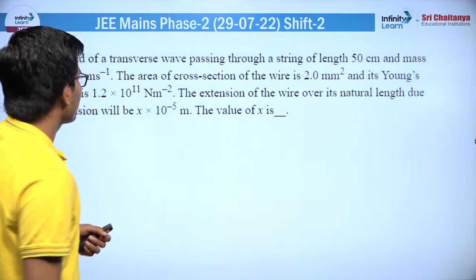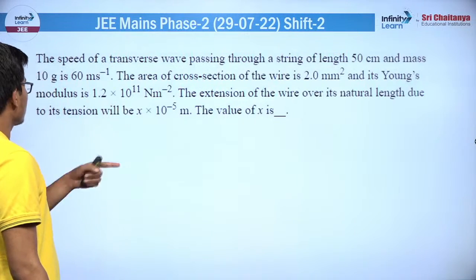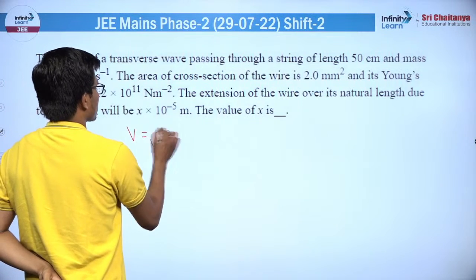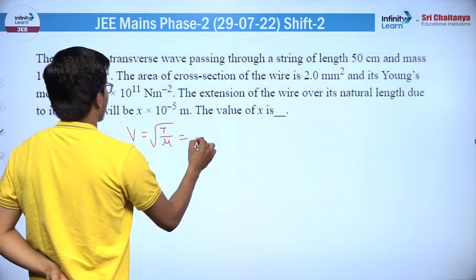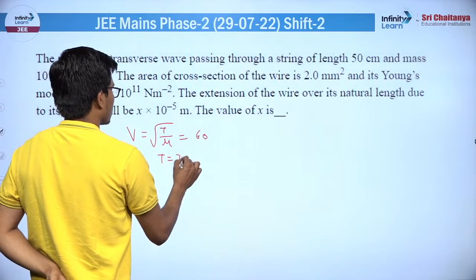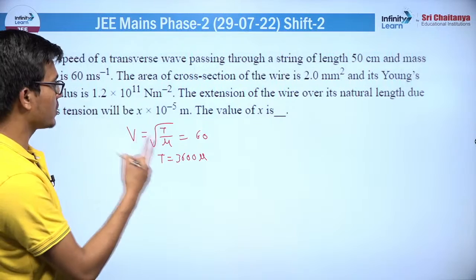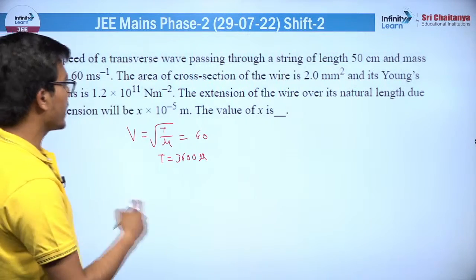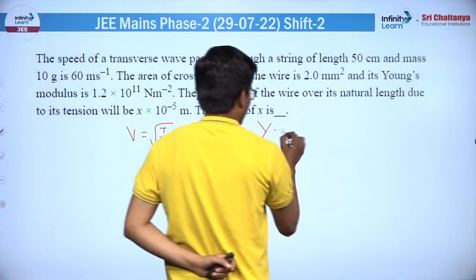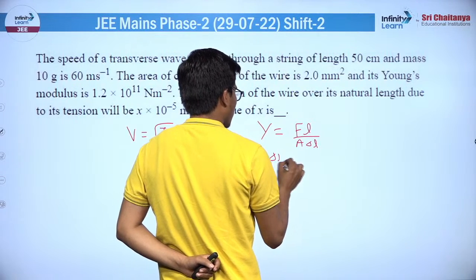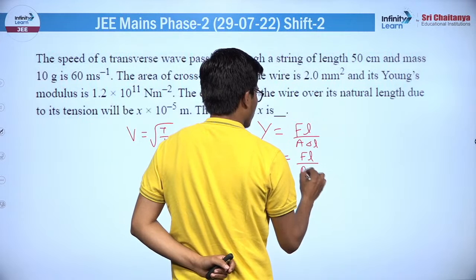Alright, the speed of a transverse wave passing through a string of given length and mass is also given to you. The speed of a transverse wave is given by root T by mu, that is 60. So T will be 3600 mu. The area of cross section is given to you, Young's modulus is this, and you have to find the extension. So just apply Hooke's law: I need to find delta L, so it is FL upon AY.